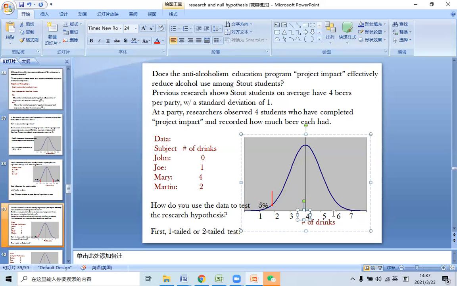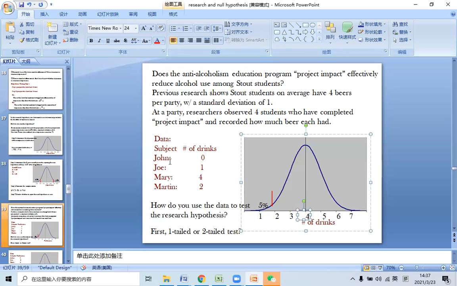And you have a sample. You have one sample from those students who have participated in the program. These 4 students have completed the education program. And you record how many beers they drink per party. You follow them to a party and you record how many beers they drink.